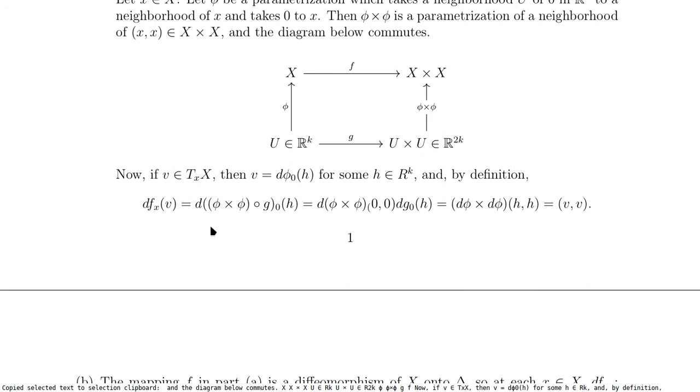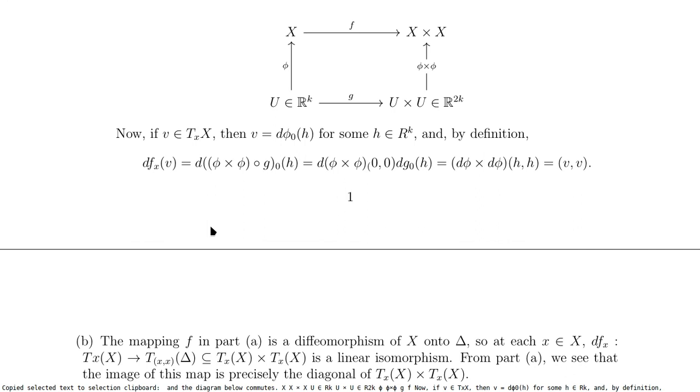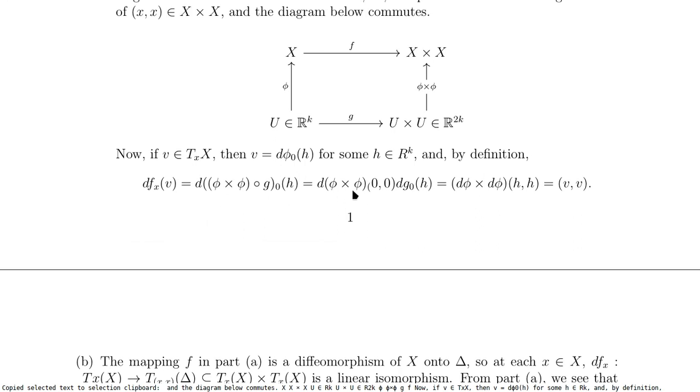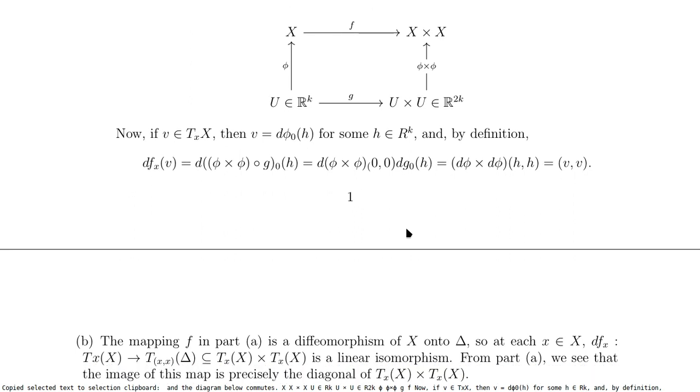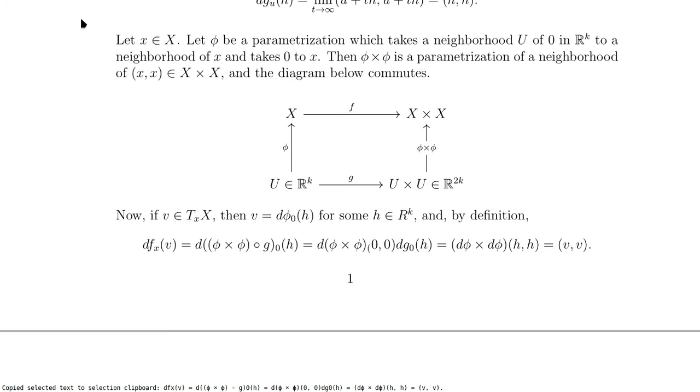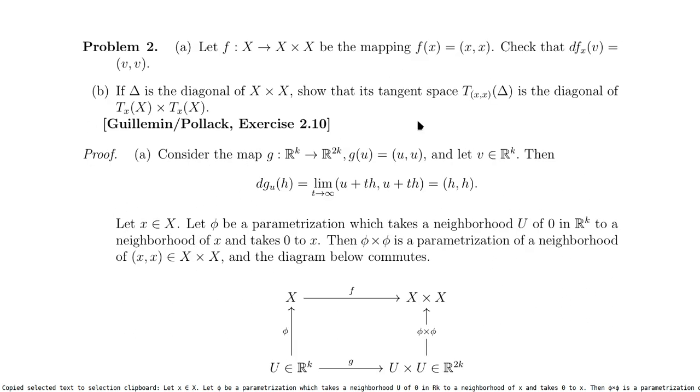V is about halfway down the next line, it should be the derivative of the cross product at 0, 0. So that should be a subscript 0, 0. Composition, yes. And that would be equal to taking the derivative and then crossing it with the h, h, and sending it to v. This looks straightforward to me, and it was straightforward when I tried the problem too.